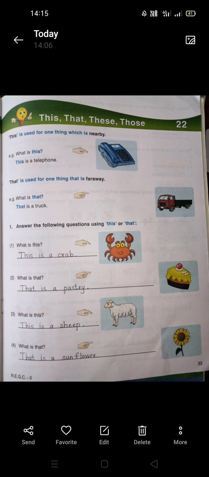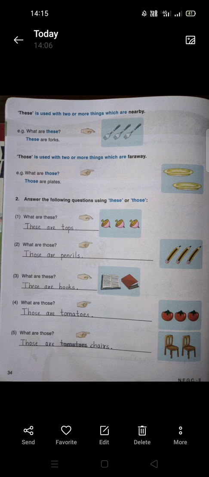When one thing is far from us, we are going to use that. When many things are near us, we are going to use these. When many things are far from us, we are going to use those.